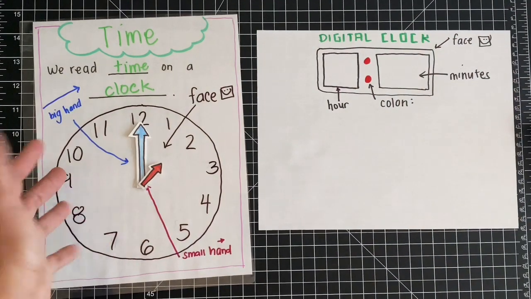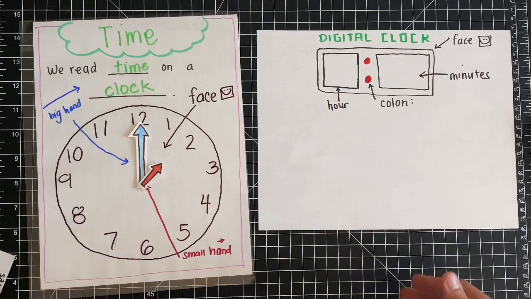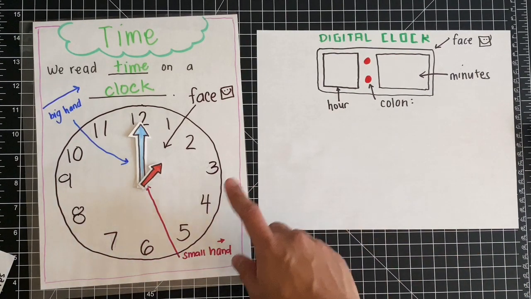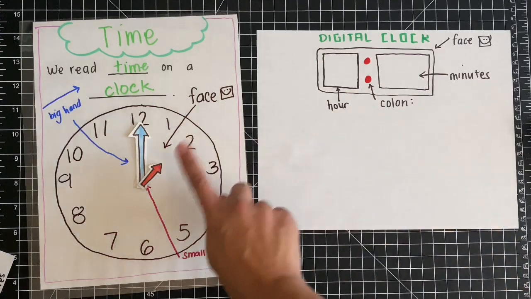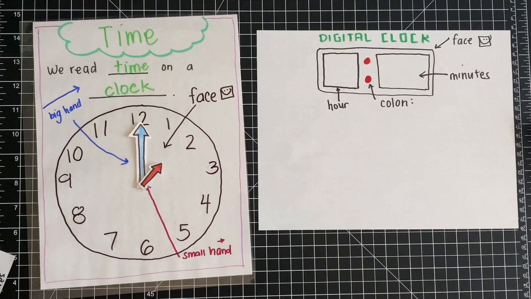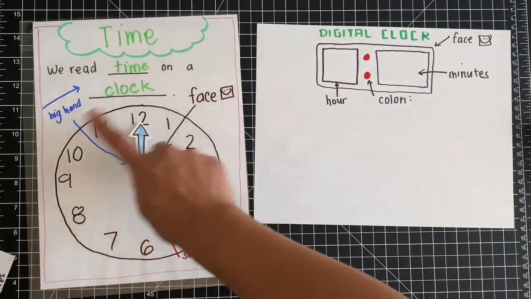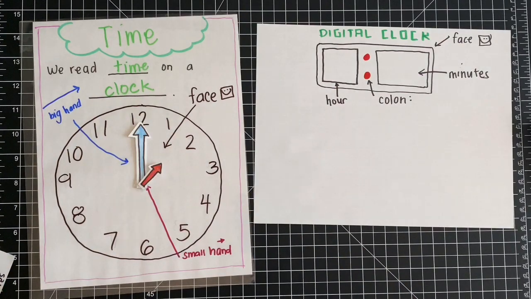And look, it's kind of like an analog clock. There are some things that are the same and some things that are different. What things are the same between an analog clock and the digital clock? I see they both have a face. So here's the face of a digital clock, face of an analog clock.